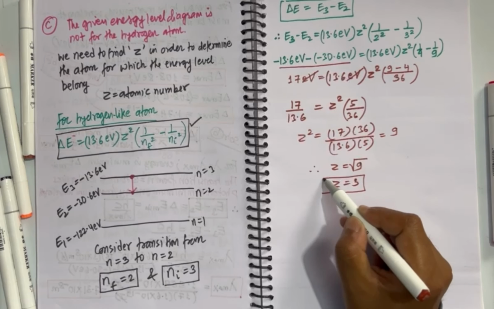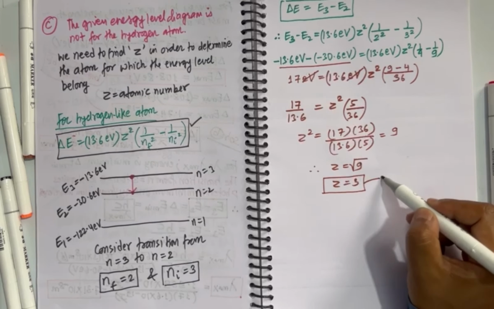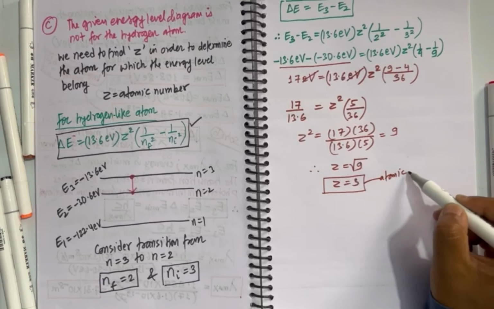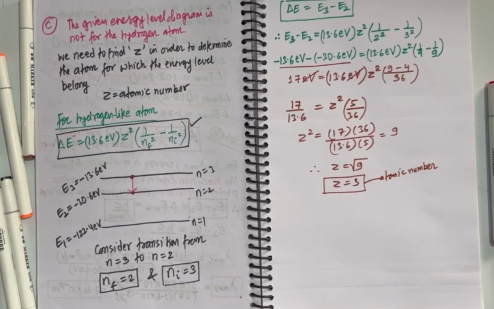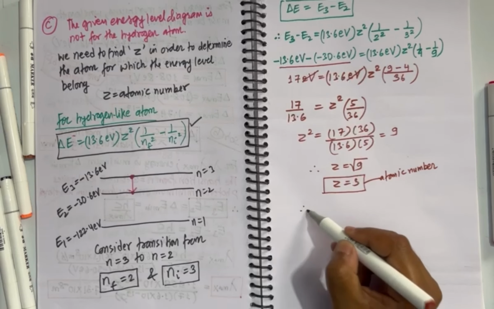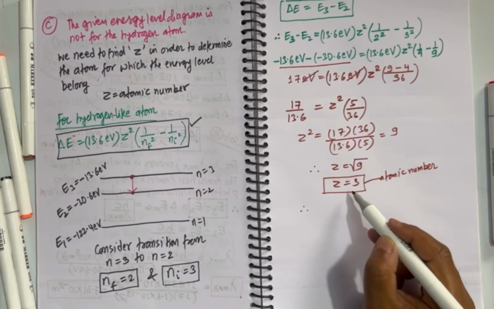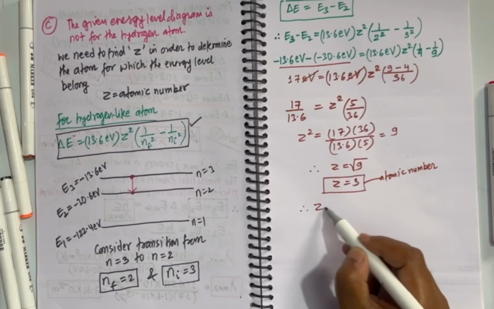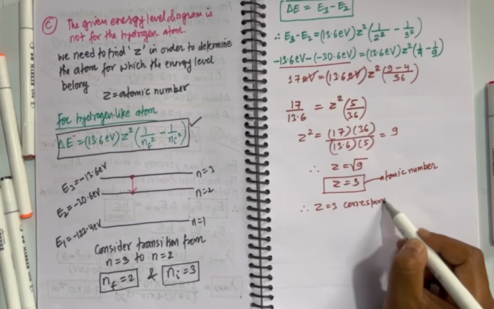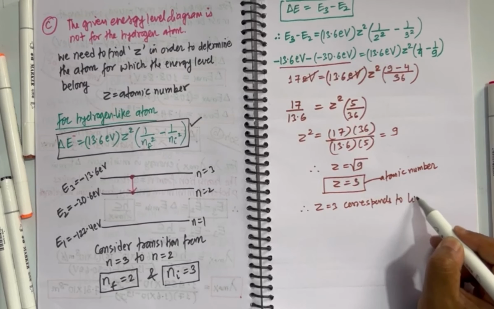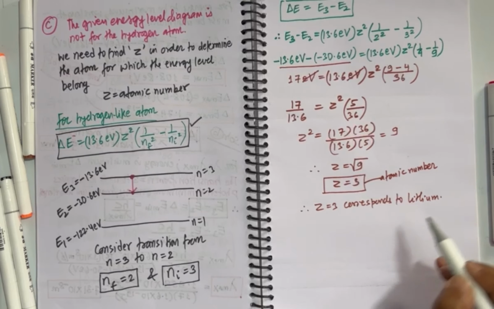We are getting atomic number Z equals 3, and Z equals 3 corresponds to lithium.